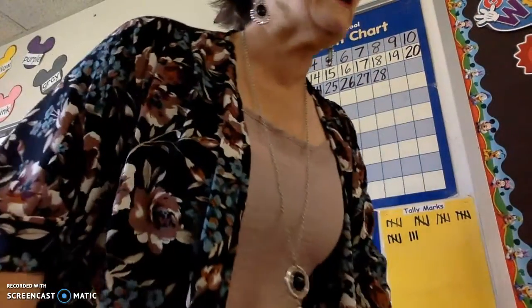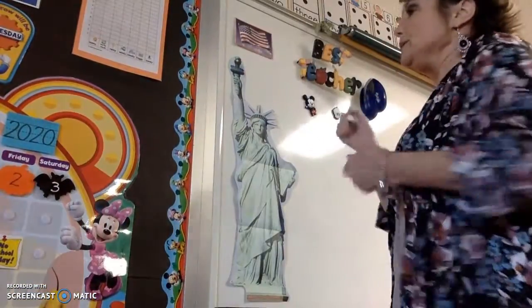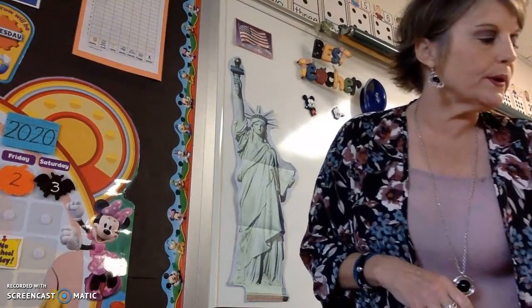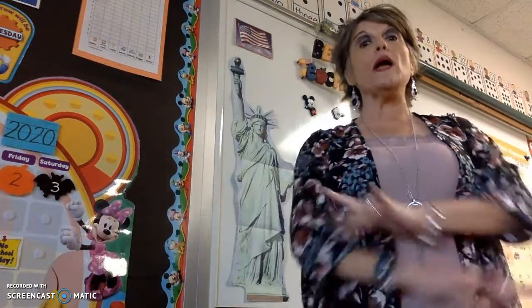Now move on over here to write the date. We know it's October. January, February, March, April, May, June, July, August, September, October, November, December. 12 months in a year. Yay!